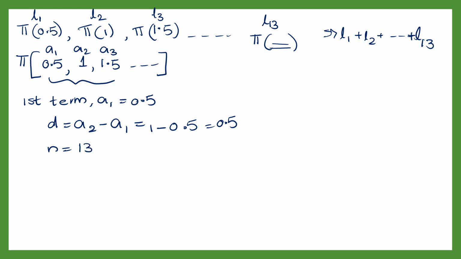Now let's use the formula. The sum of n terms is Sn equals n by 2 into 2a plus n minus 1 into d.